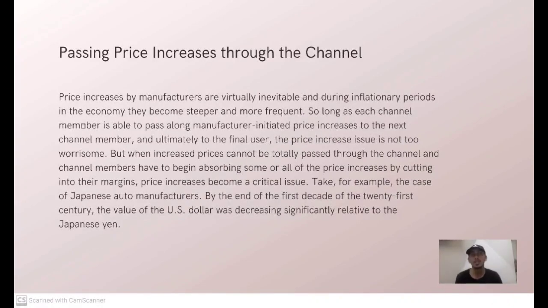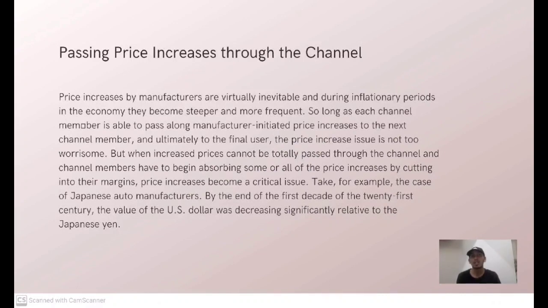So the third is passing price increases through the channel. Price increases by manufacturers are virtually inevitable, and during inflationary periods in the economy they become steeper and more frequent. So long as each channel member is able to pass along the manufacturer's intended price increase to the next channel member and ultimately to the final user, the price increase issue is not a worry.